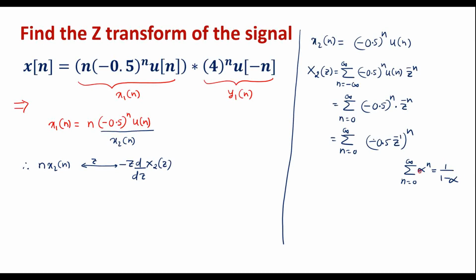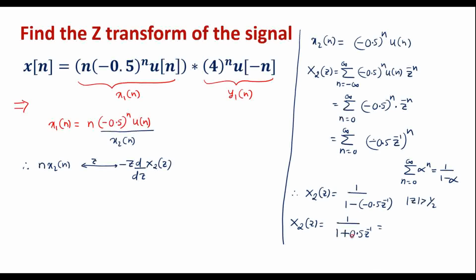So here comparing this, alpha value is minus 0.5 z inverse. Therefore I can write x2 of z is equal to 1 upon 1 minus alpha, alpha means minus 0.5 z inverse, or I can write x2 of z is equal to 1 upon 1 plus 0.5 z inverse. So here we can see that the ROC is z greater than 1 by 2.